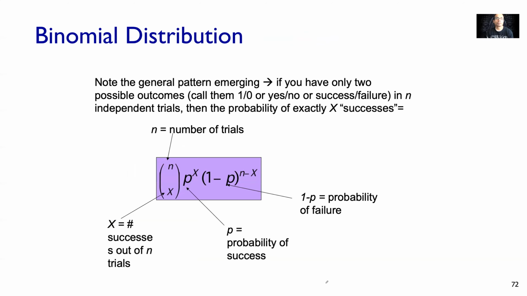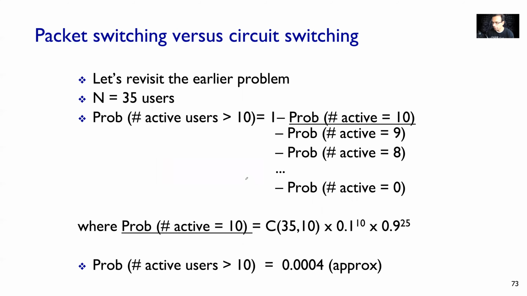If you're running n trials where the outcome of each trial is a yes or a no, where the probability of yes is p and the probability of no is 1 minus p, then in general the probability that you get x successes would be nCx, this part here, times p to the power x, times (1 minus p) to the power n minus x. Hopefully you remember this from whenever you learned probability theory.